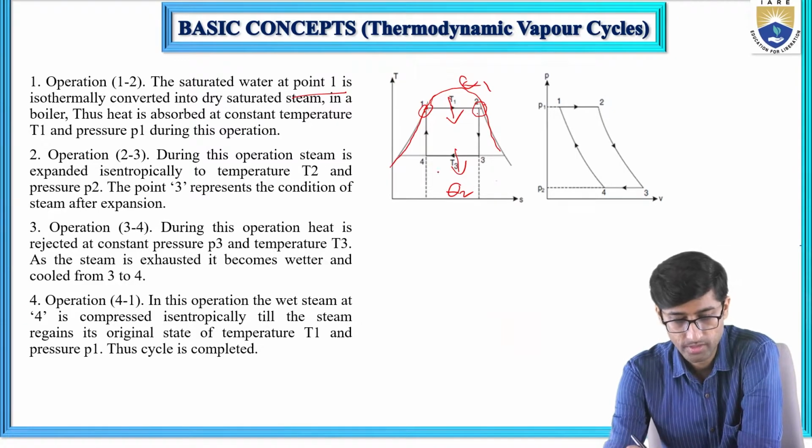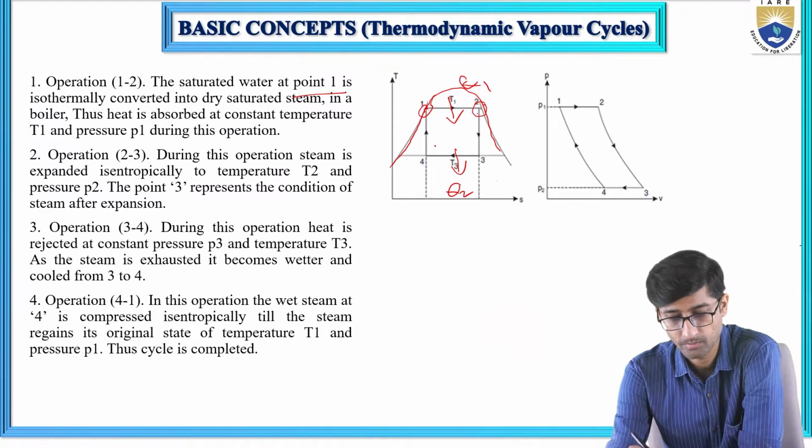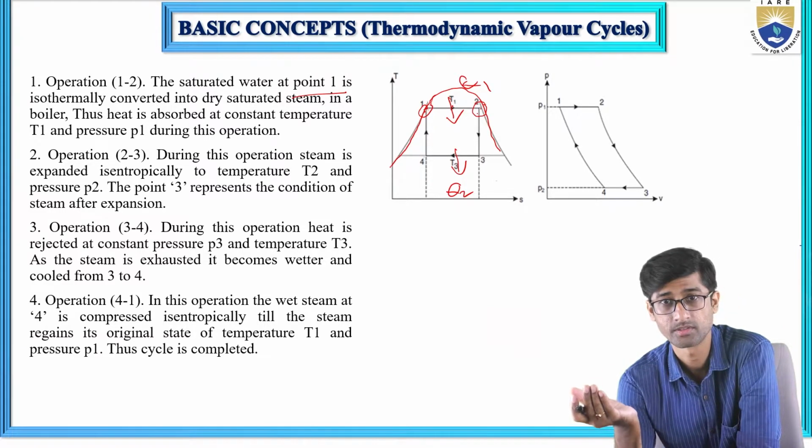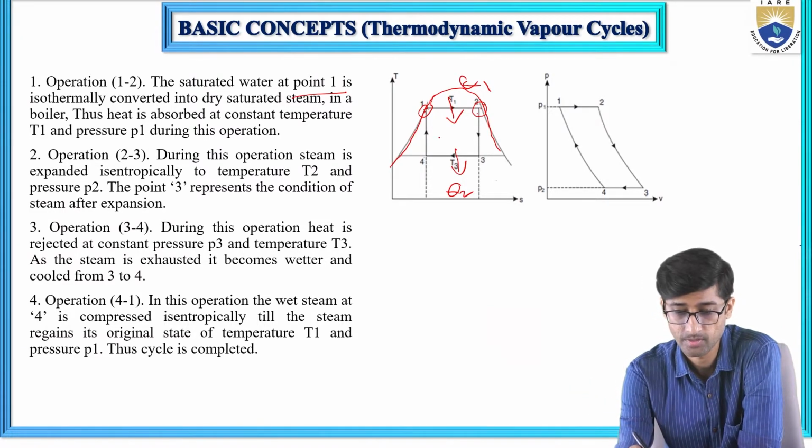Now this 4 to 1, the wet steam at point 4 is compressed isentropically. This is a reversible adiabatic compression process till the steam regains its original state. Originally, it is in saturated liquid, right? After compression, it will become saturated liquid at temperature T1 and pressure P1, and then the cycle is completed.